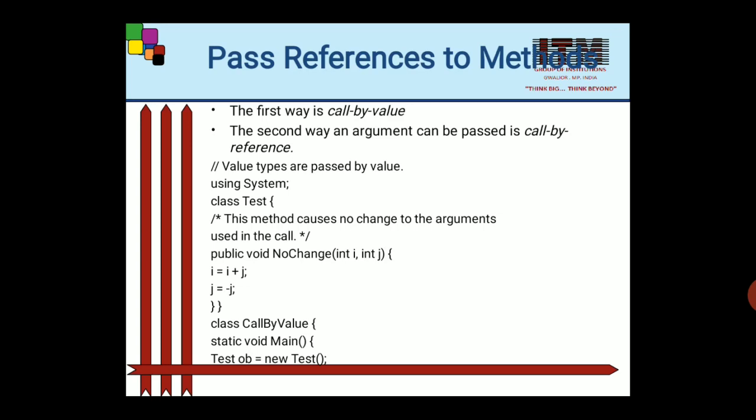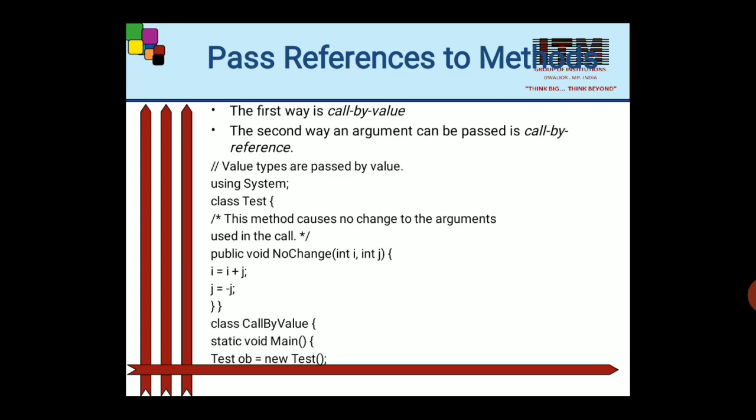In this method, a reference to an argument, not the value of the argument, is passed to the parameter. Inside the subroutine this reference is used to access the actual argument specified in the call, which means that changes made to the parameter will affect the argument used to call the subroutine.